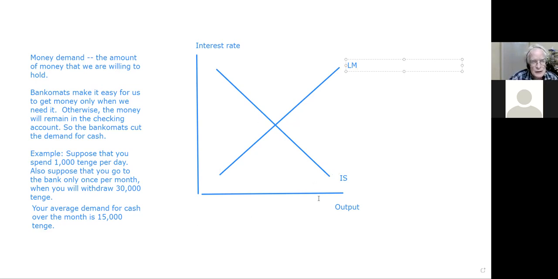You remember that money demand depends positively on income and negatively on the interest rate.